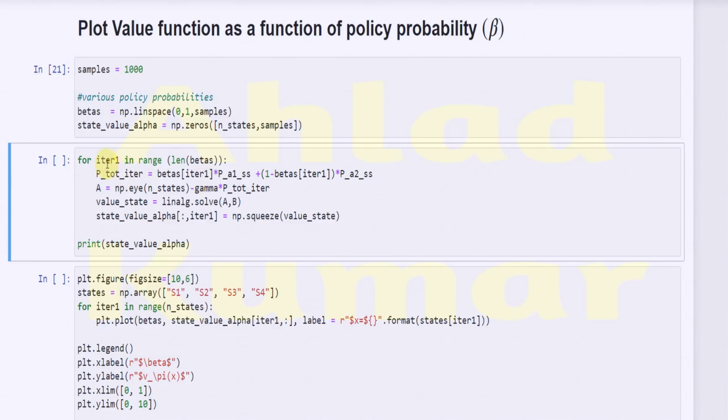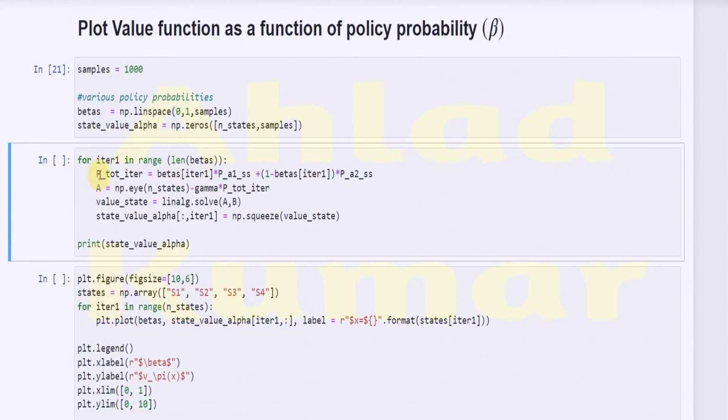So now what we are doing is we are iterating over various values of beta, and we are always calculating this p underscore dot, the total probability, which is iteration-based, because we are running the iteration from 0 to the total number of betas. So right now we have 1000 samples, so we will be running from 0 to 999.